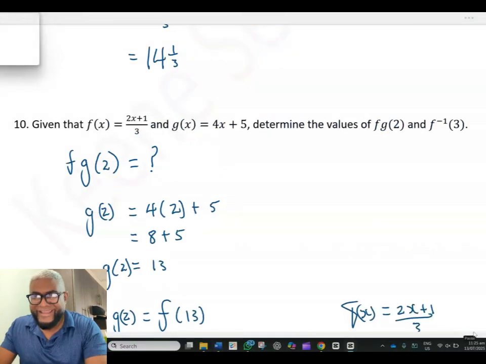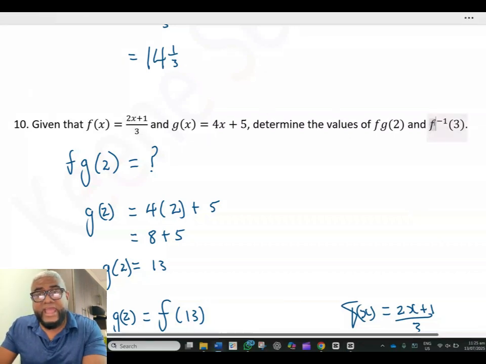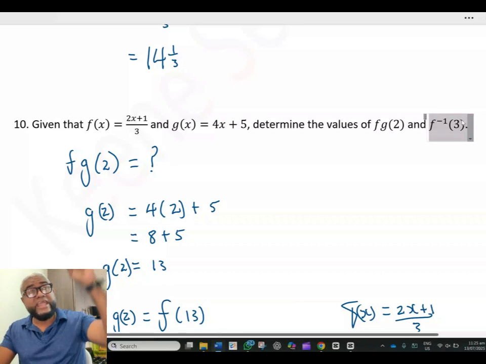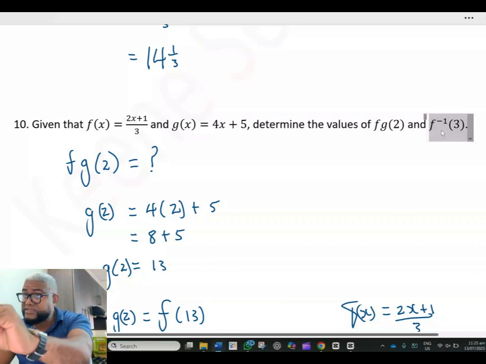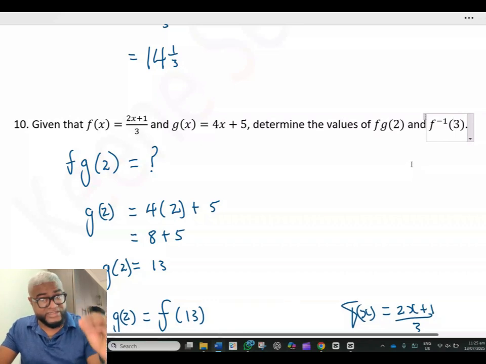Right, so we are pausing it. For this question here, we want to find f negative 1 of 3, which is the inverse function. You need to find f negative 1 of x first, and then you're putting 3 into that. So I'm going to start by writing what f of x is first.